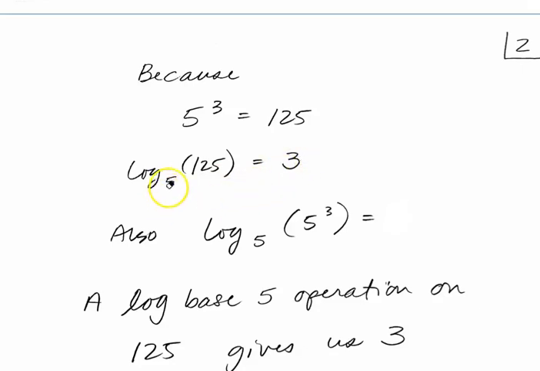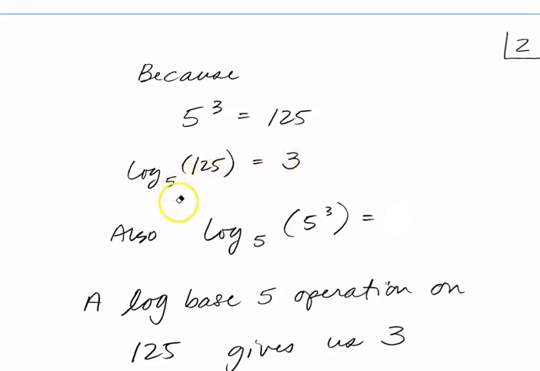We think of it this way: 5 to the third power gives us 125. That would be the exponential direction. The logarithmic direction would be the log base 5 of, this is our argument, 125 is equal to 3.